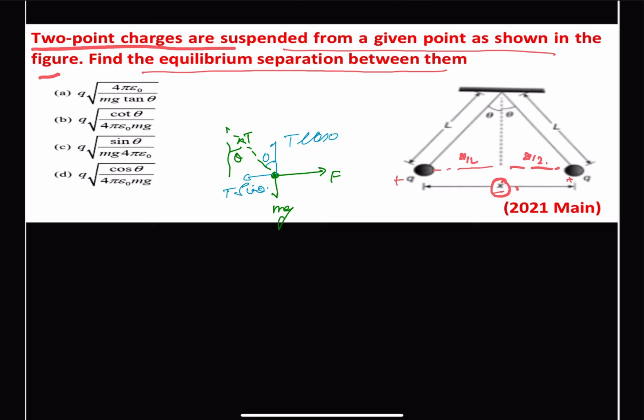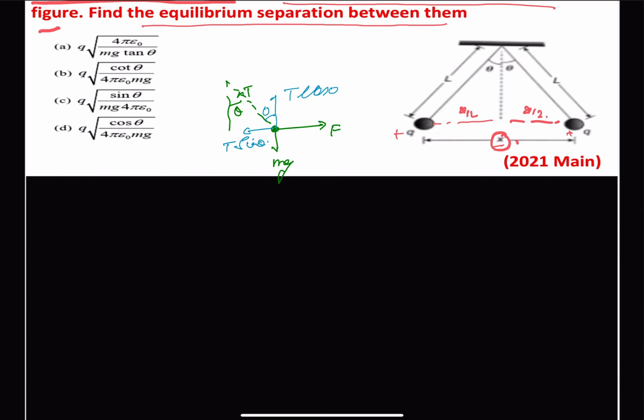So we can just equate the forces. We get T sin theta will be equal to F, and T cos theta will be equal to mg.